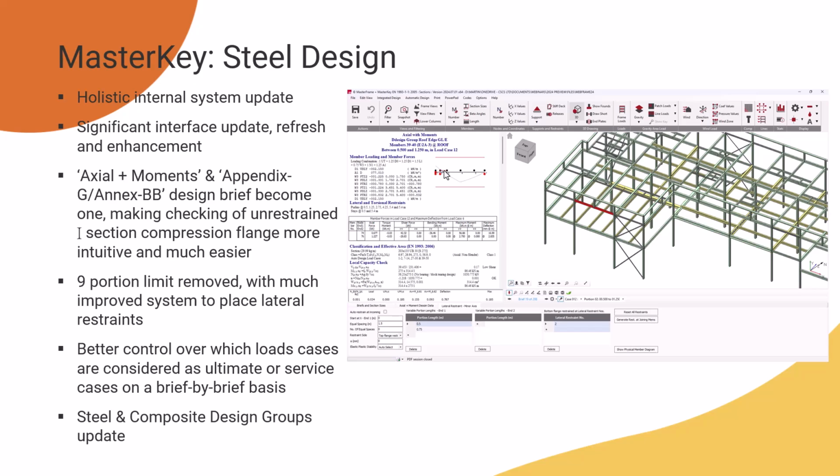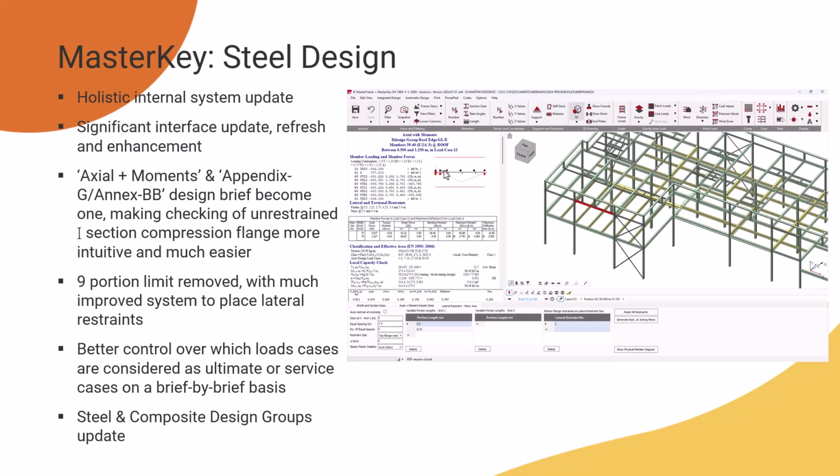That holistic review of the system has resulted in some actual tangible benefits to the system in the 2024 version, as we get a full system interface refresh and enhancement. Probably one of the really nice enhancements is the reworking of the axial with moment and Appendix G or Annex BB unrestrained compression flange check.